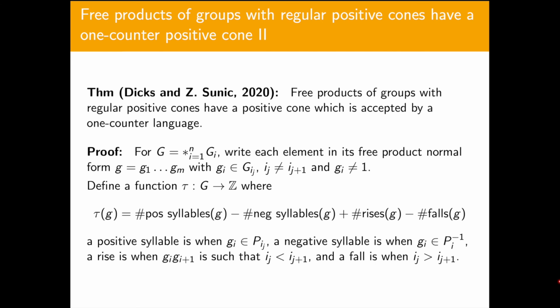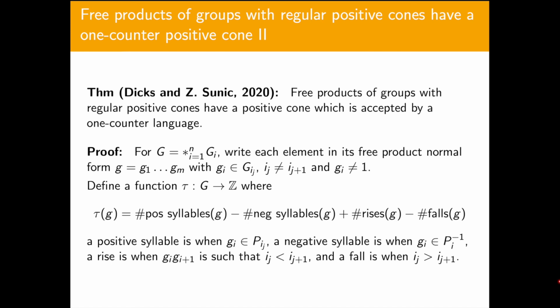So now let's show that free products of groups with regular positive cones have a one-counter positive cone. For every free product, we label the factors as G_i, where the i's are indexed from 1 to n. Now we write each element as its free product normal form.